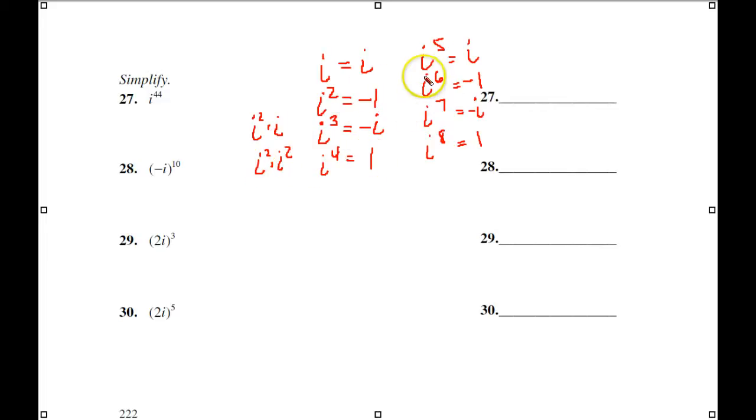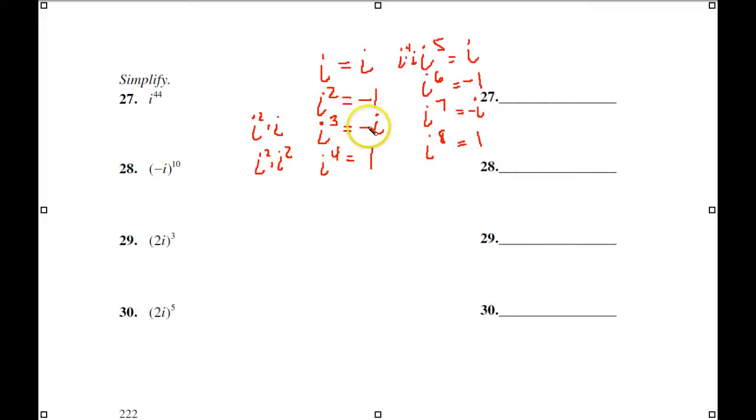So when we continue, what is i to the fifth? Well, i to the fifth is i to the fourth times i. This is 1 times i, which is i. i to the sixth is 1 times -1, which is -1. i to the seventh is i to the fourth times i to the third.